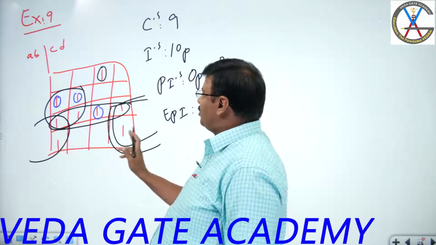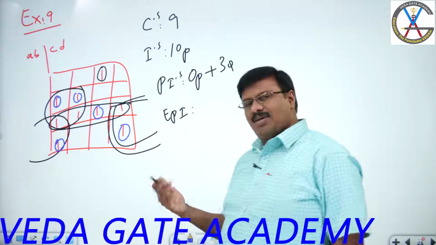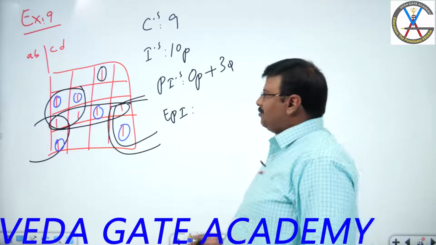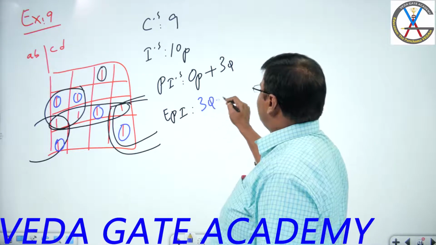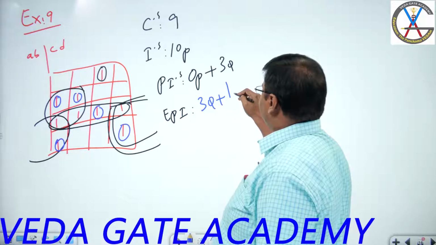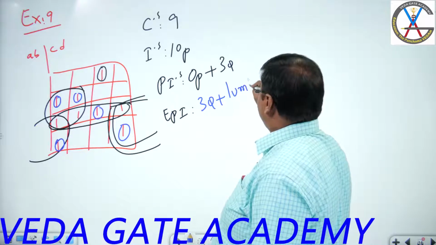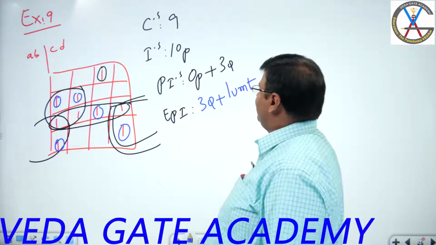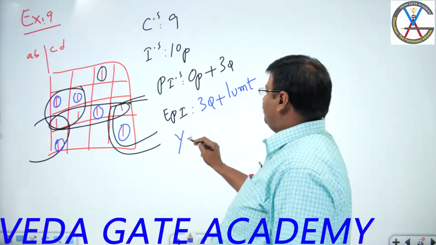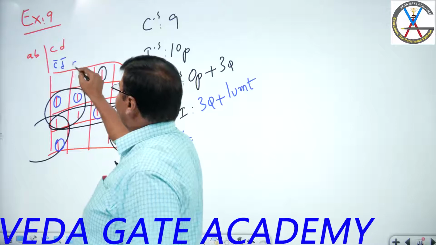These two have no other options, unique because of these two. That single square is anyhow unique on its own. So E primes are all the 3 quads plus 1 single square, 1 unminimized term. UMT, unminimized term. So coming back to the output: Y equal to C bar D bar.